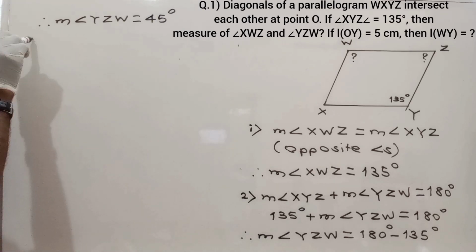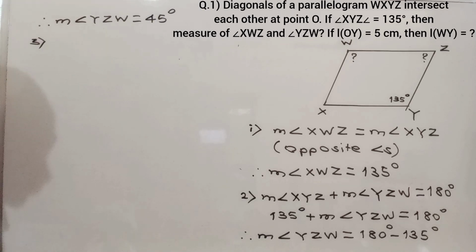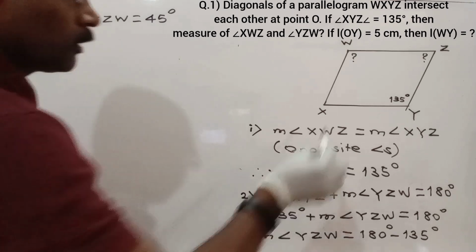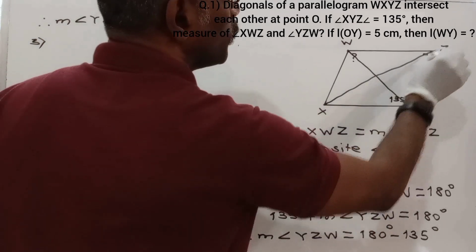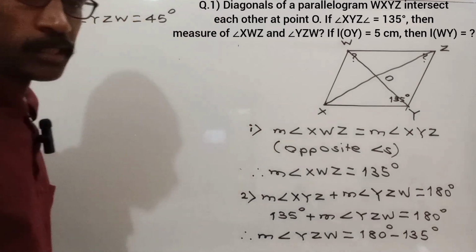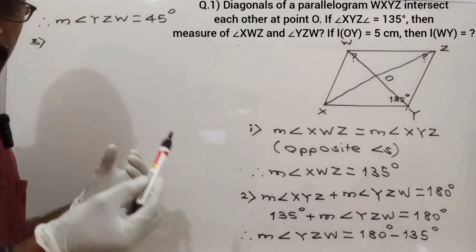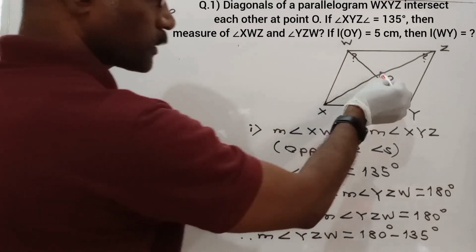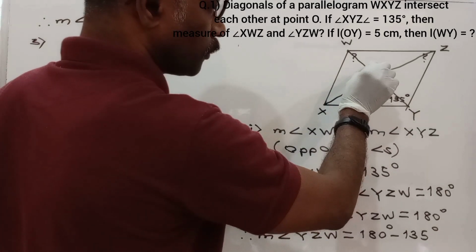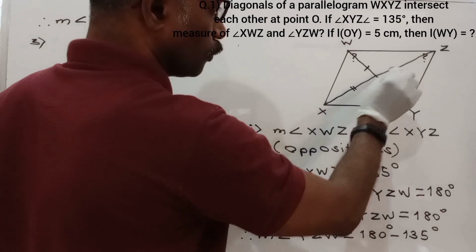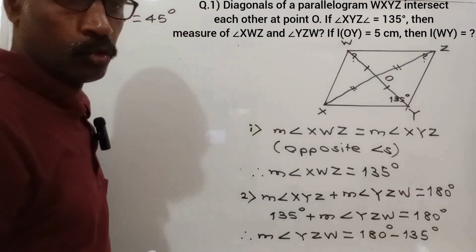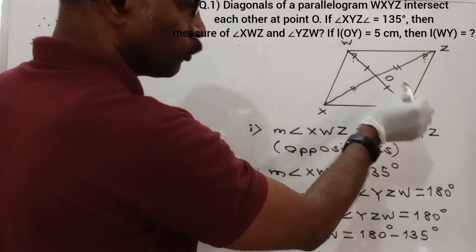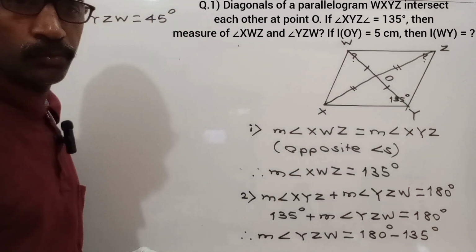Now our third part from this question. We have been given that the diagonals of this parallelogram bisect each other at point O. Means we say that XO is equal to ZO and WO is equal to YO.